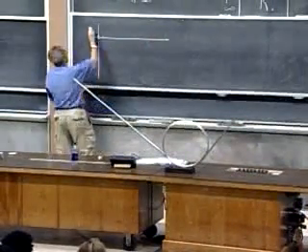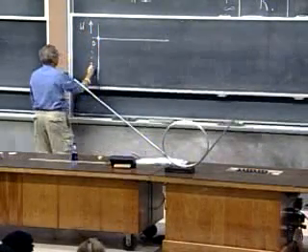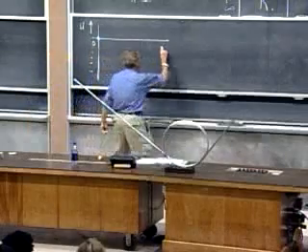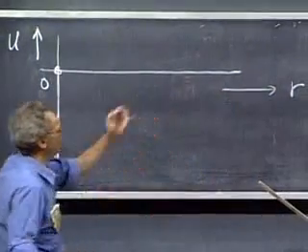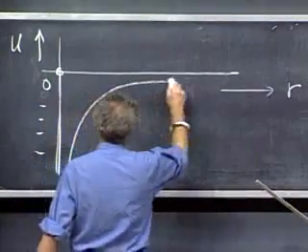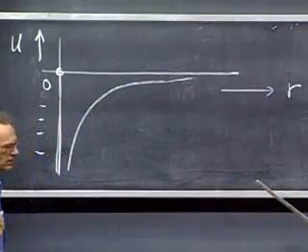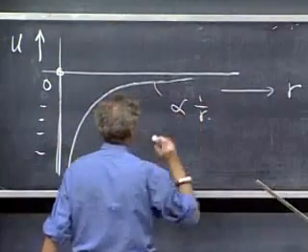Here is 0. This is the gravitational potential energy. All these values here are negative. And here I plot it as a function. I use the symbol little r now instead of capital R. And so the curve would be something like this. This is proportional to 1 over R.